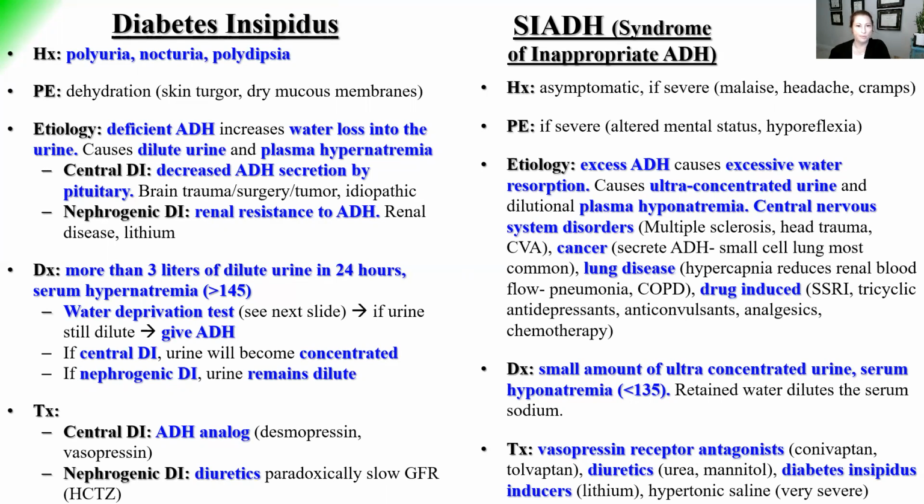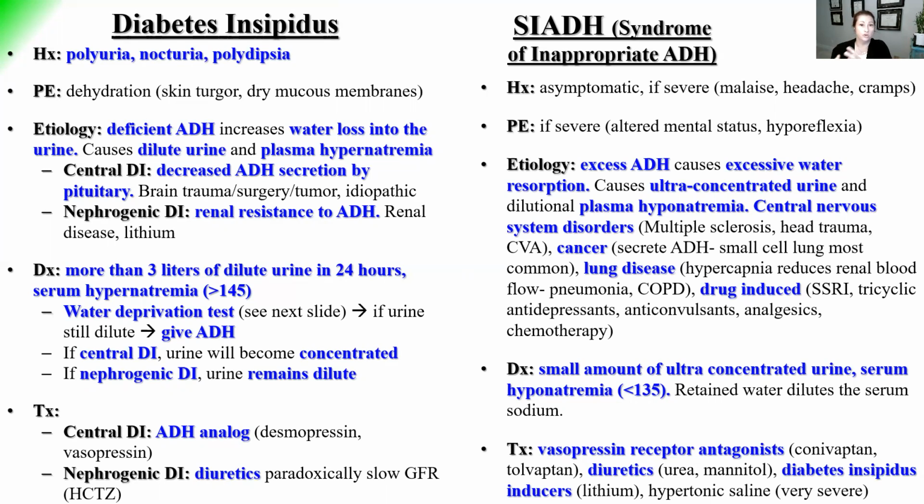Diagnostic criteria of diabetes insipidus: more than 3 liters of very dilute urine within 24 hours and a serum hypernatremia, so over 145. We're going to look at this on the next slide, but this is called a water deprivation test. What if your patient's just making a lot of urine because they're drinking a lot? The water deprivation test helps us to sort that out. So we're going to deprive them of water.